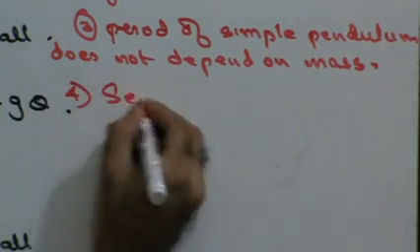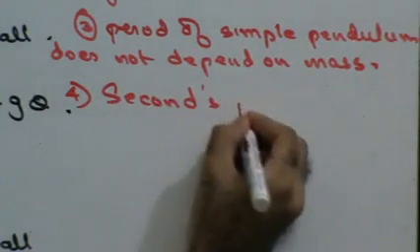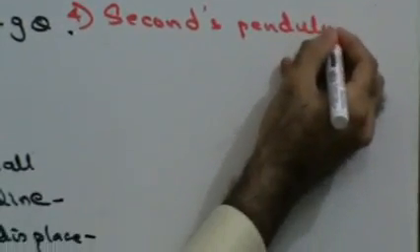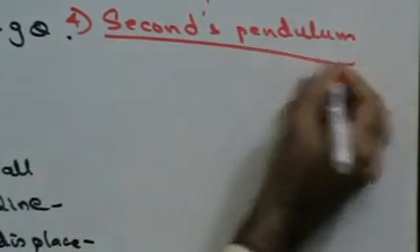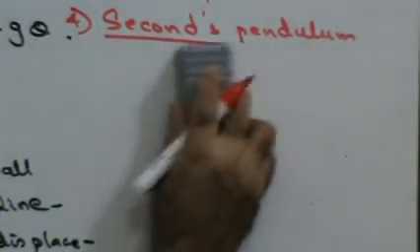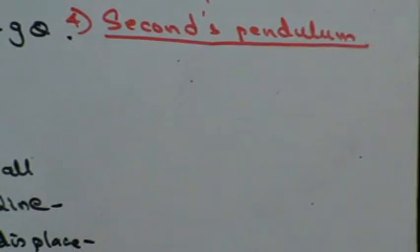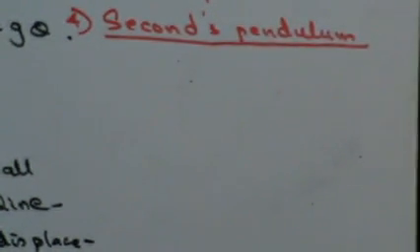Next, what do we understand by a seconds pendulum? A seconds pendulum is defined as a pendulum whose time period is 2 seconds. Right?